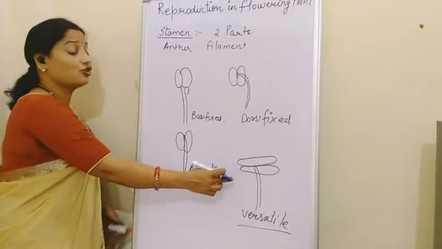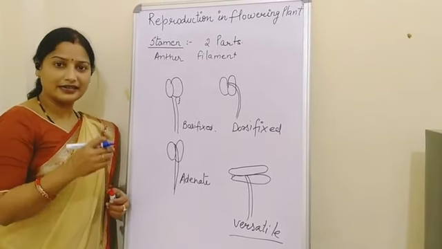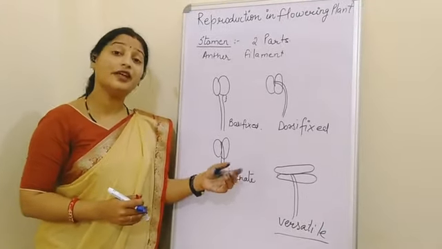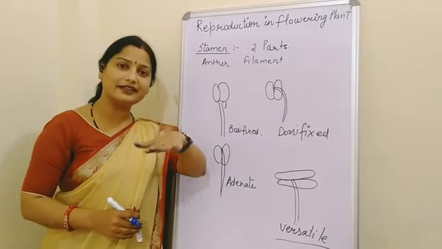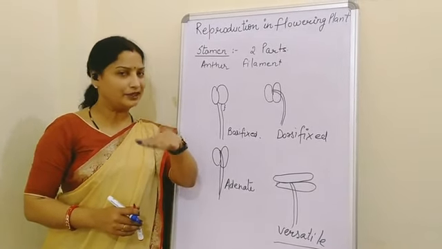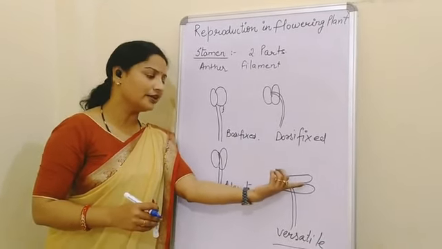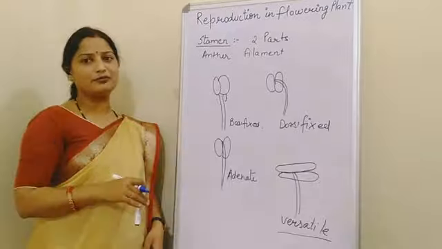This is the most common feature of anemophilous flowers, that is, flowers in which pollination can be done with the help of air. Because now these anthers are dangling in the air. And as the pressure of the air falls on them, the pollen grains from here will scatter into the air.